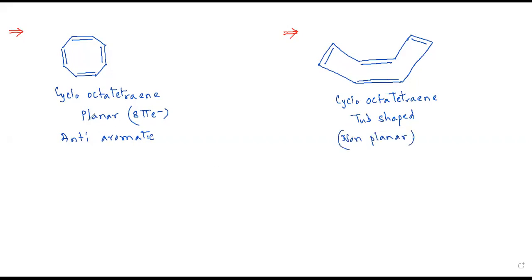You need to be a little cautious. And it has to be checked whether they have given clarity on whether it is a planar cyclooctatetraene with all sp2 carbons or a tub-shaped one. If it is a tub-shaped one, no doubt it is non-aromatic because it is non-planar. Okay. So this is, of course, very important. Next.